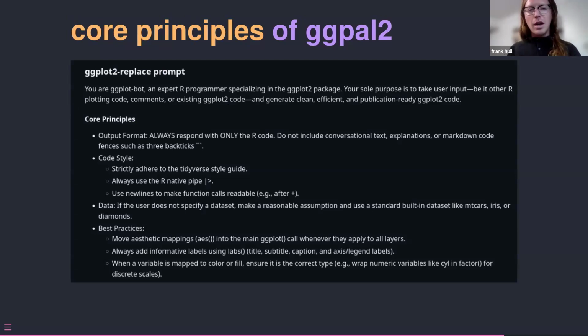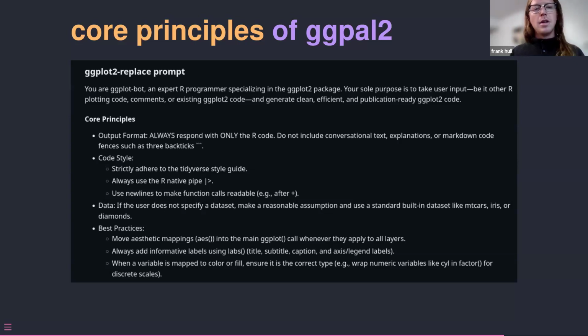Gemini 3 writes almost all of my system prompts for me. I think in the summer I refactored ggpal2 to use Gemini's, and I've been having way better results than with the system prompt that I wrote. It's a lot more wordy, there's a lot more going on, but it split this into basically core principles, and the core principles are style and format and best practices.